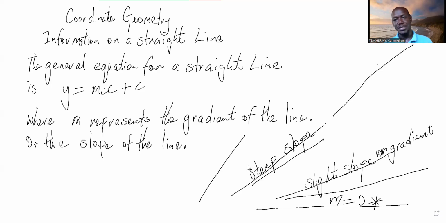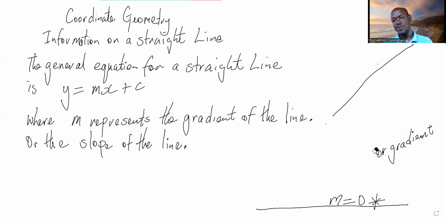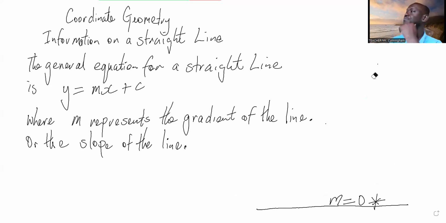Now, look at this. If M is 0 for a flat line, I want you to remember this.